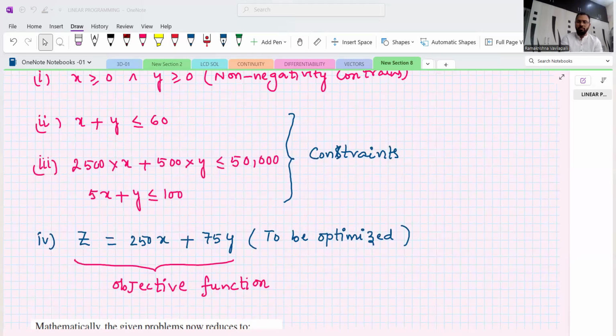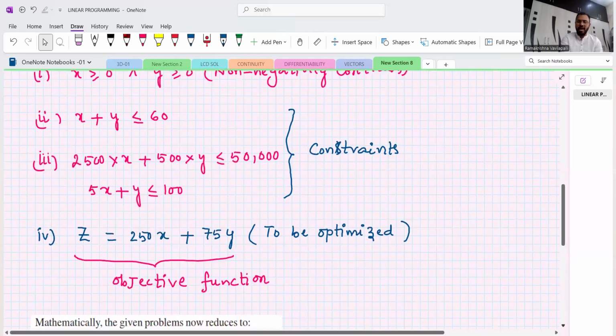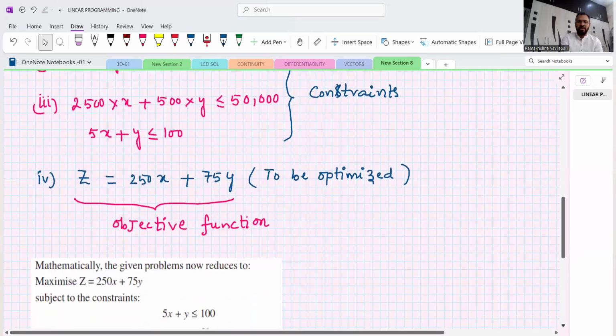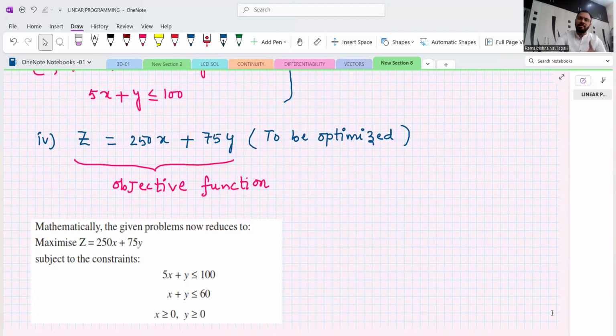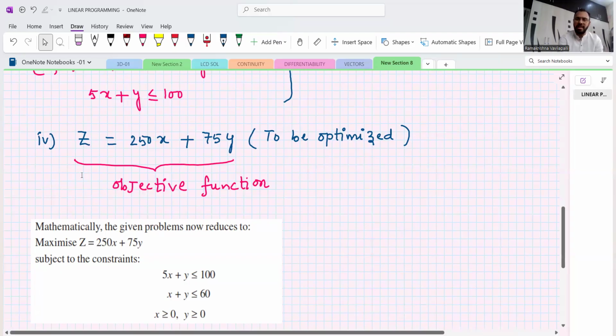The most important thing is that we have to maximize our profit. Generally, in linear programming, there are two things: either maximize the profit or minimize the expenditure. So Z, as we usually denote it, we get 250 rupees profit on a table and 75 rupees on a chair.